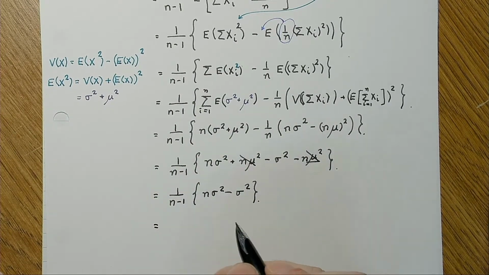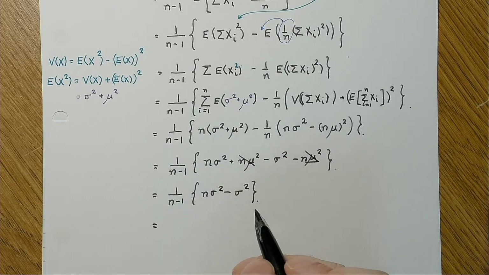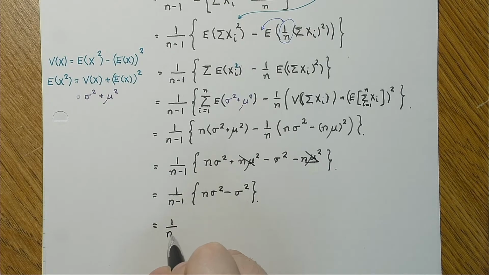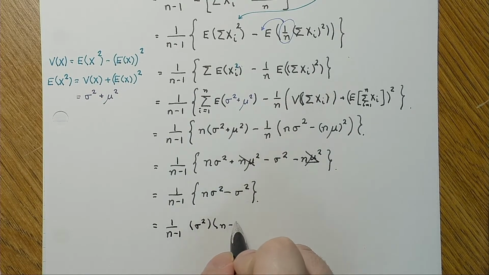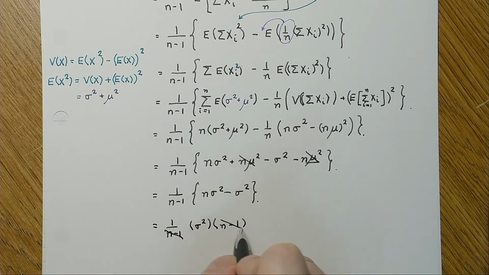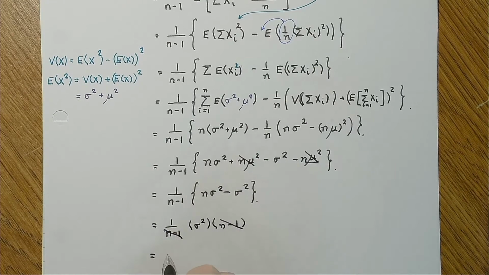Then you can factor this out. You have 1 over n minus 1, so you could have sigma squared, and then what's left inside would be n minus 1. That cancels out, and we're left with sigma squared.